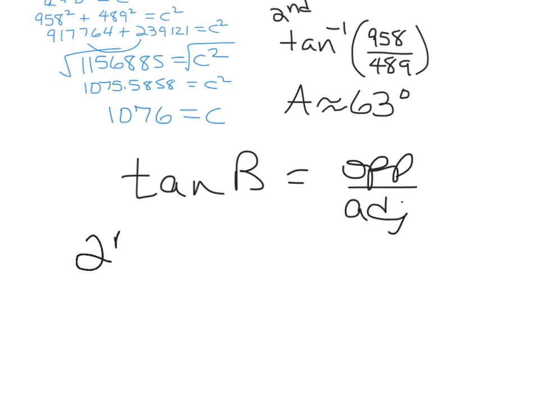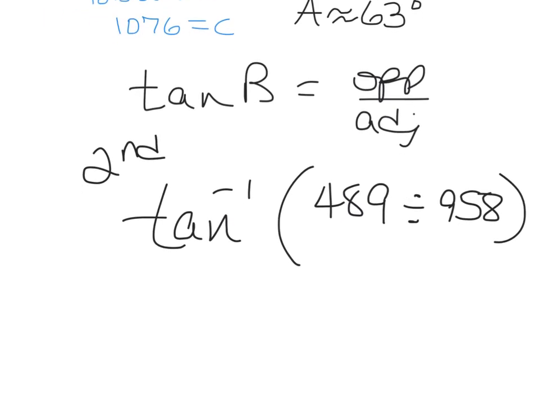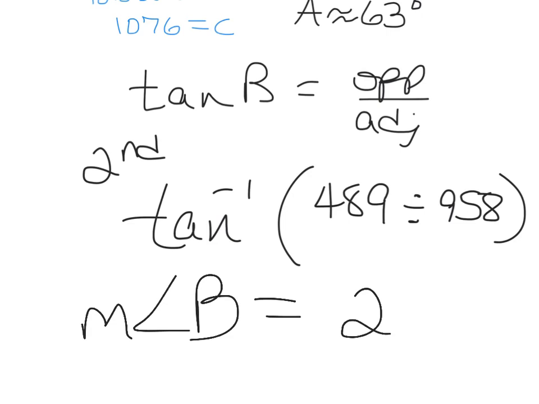So we're going to do second, so it opens up tangent -1, and now for that I put 489 divided by 958. Once I do that, the measure of angle B is about 27 degrees. And you can double check it by adding it to that 63 and making sure it equals 90 degrees.